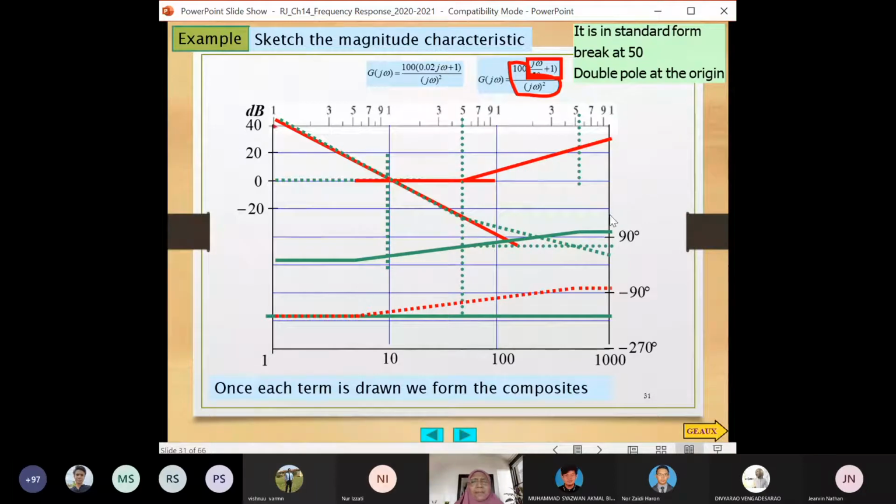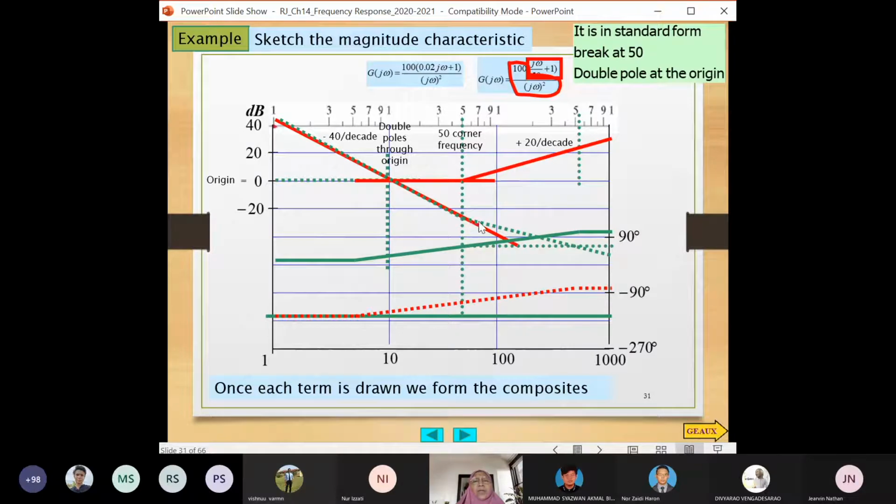I have another example. So this line is negative 40 dB per decade, a double pole through the origin. Origin means at 0 here, 50 corner frequency plus 20 dB per decade. So the overall dotted lines are the final value of the sketches. Here you have 40, here you have 20.